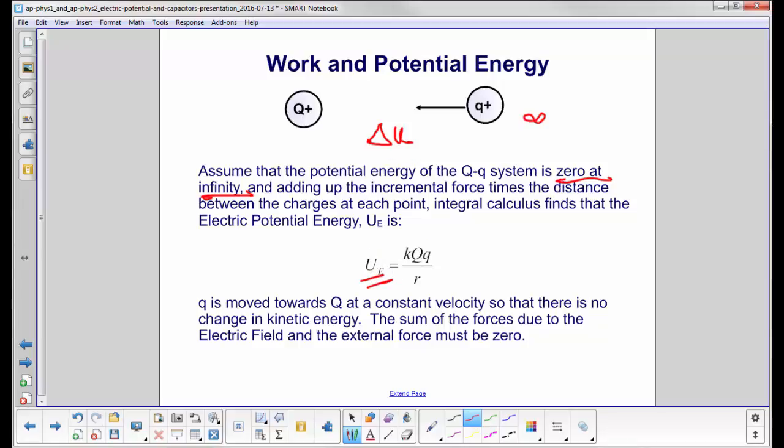We can assign a potential energy to this system. So again, we would use integral calculus, and we'll find that electric potential energy is k times the two charges divided by r. And this here is a reminder that the two forces are equal, so that we do not have a change in kinetic energy. The charge moves at a constant velocity.